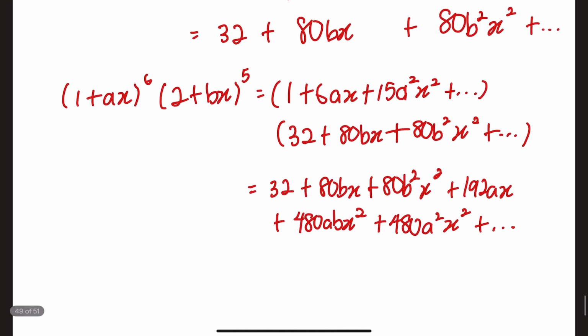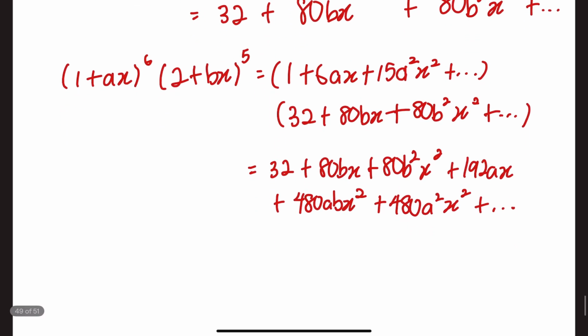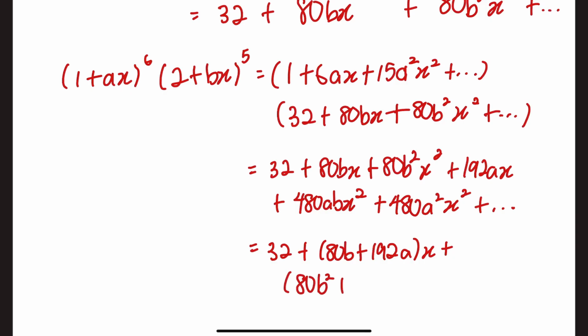Okay, then from here you can simplify everything with the same x or x squared power. Answer should be 32 plus 80b plus 192a x plus, next one is 80b squared plus 480ab plus 480a squared x squared plus dot dot dot.